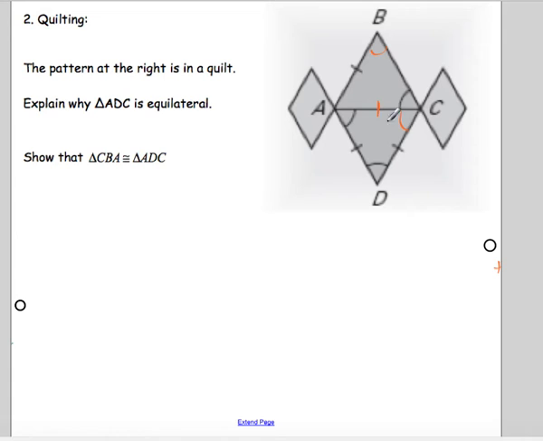Now we already knew, since all 3 of these arcs are the same, that each of these angles with 1 arc is 60 in this picture. That means also this one and this one. And since those are 60, 180 minus 60 leaves 60 left, which means that this angle would also be 60, and that means that it's equiangular and therefore equilateral, and then BC is congruent to it.